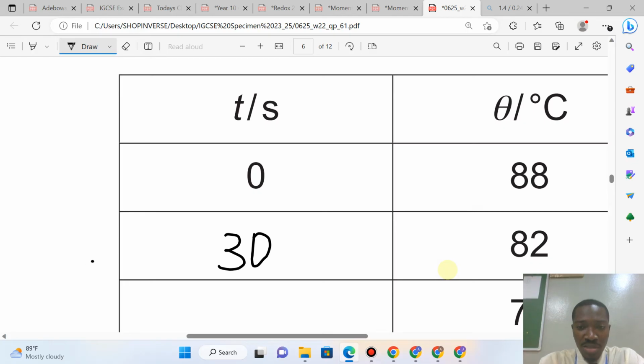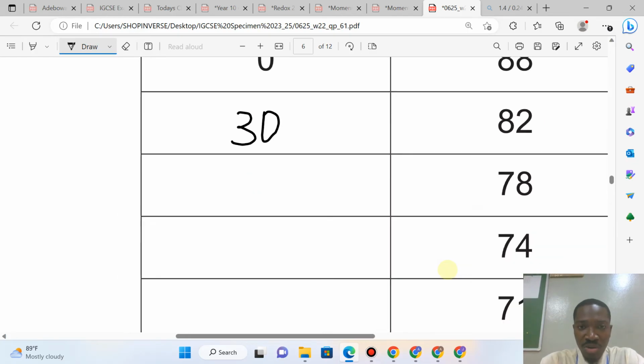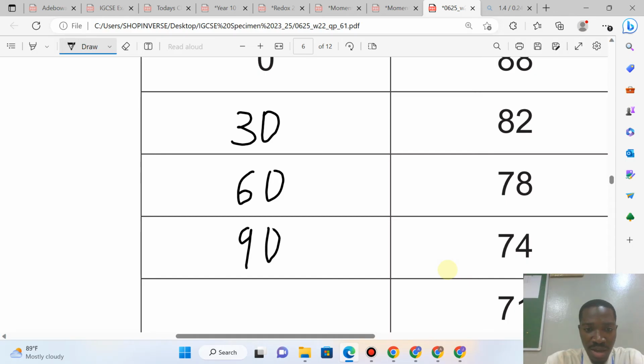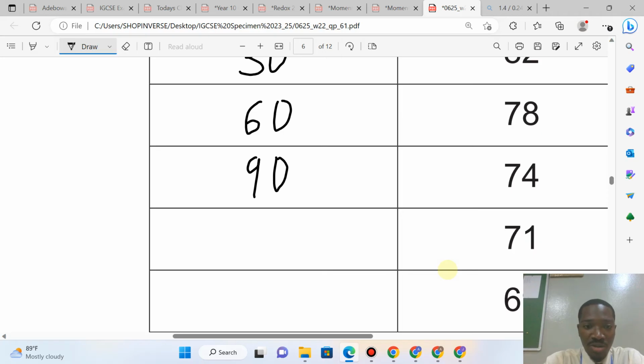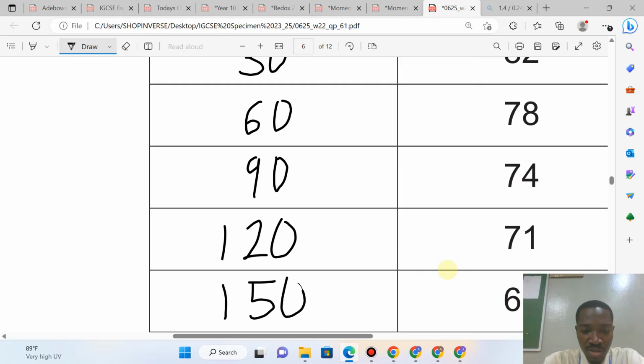Good. So we write 30. The next value will be 30 plus 30, which is 60. The next will be 60 plus 30, which is 90. Then 90 plus 30, which is 120. After 120, the next value will be 120 plus 30, which is 150 seconds. Good. So that is our time axis.